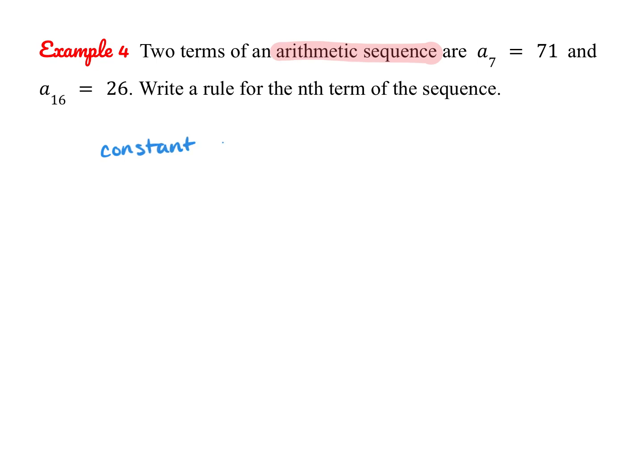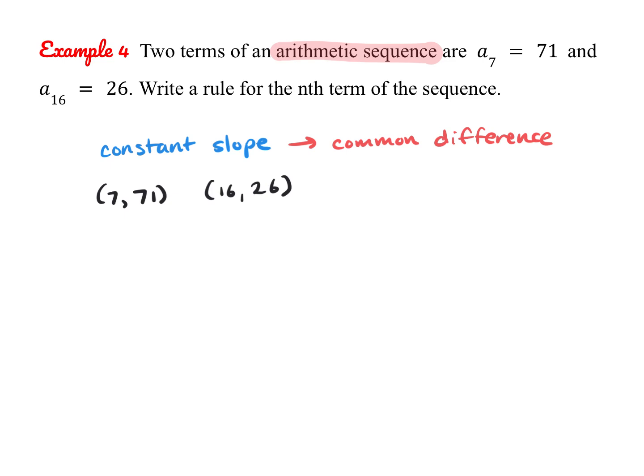So if the slope is constant, I can treat these two pieces of information like coordinates. So I have 7, 71 as one, and then I would have 16, 26, and I can find the slope between them, and that will be the common difference. So that slope is the common difference.